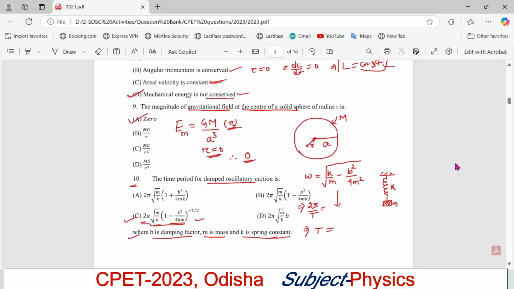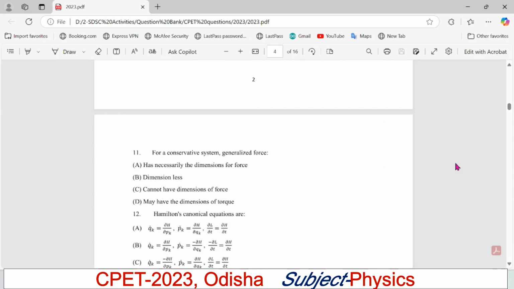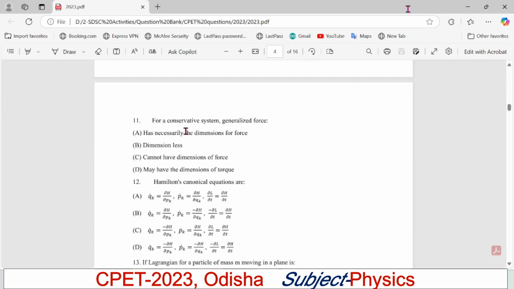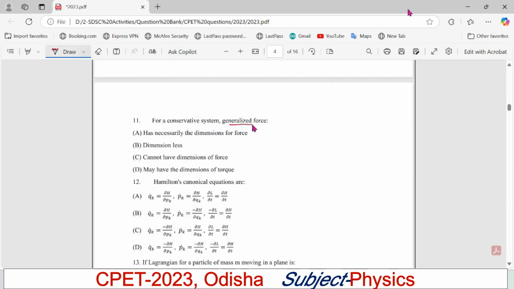Now we are going to go to question number 11. It is asked that for a conservative system, the generalized force is what? The options are: has necessarily the dimension of force, dimensionless, cannot have the dimension of force, may have the dimension of torque.